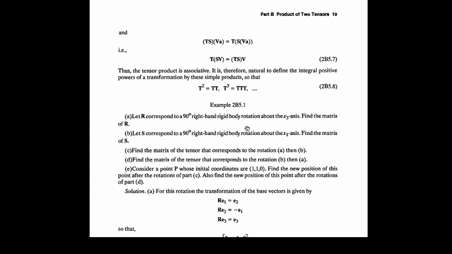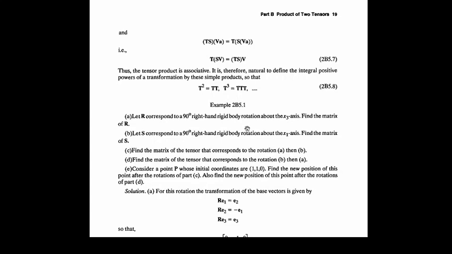So RE1 is equal to E1 cosine of angle between E1 dash and E1, plus E2 cosine of angle between E1 dash and E2, plus E3 cosine of angle between E1 dash and E3.